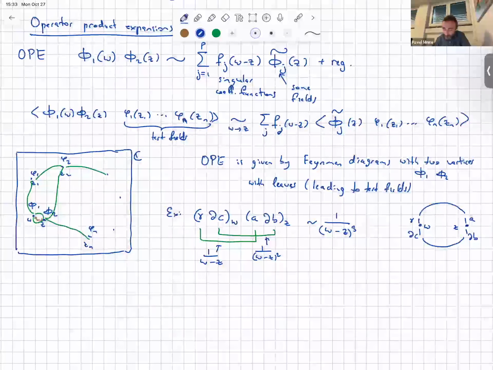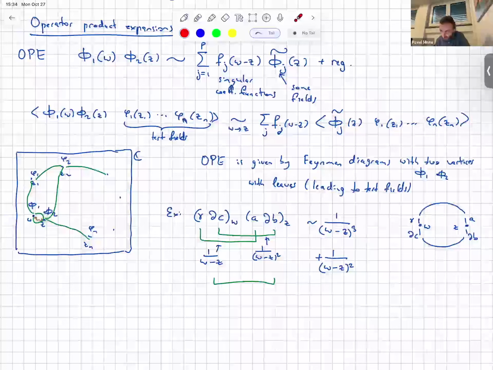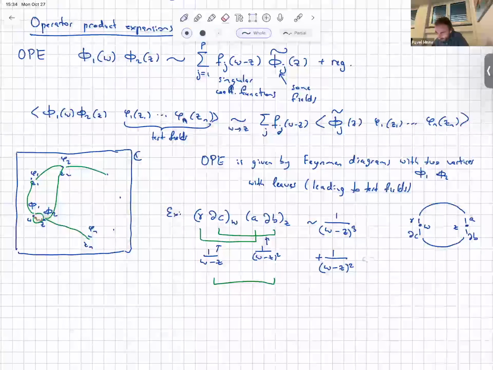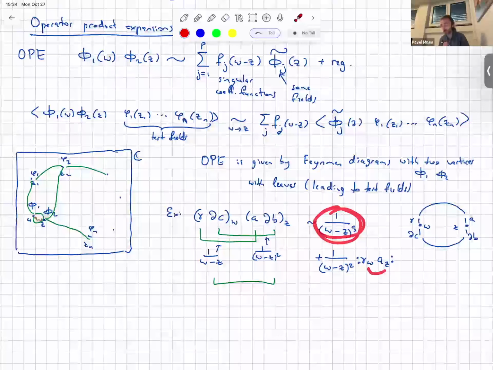Now, another term is when I contract del C with del B, and I don't contract gamma and A. Then I get 1 over W minus Z squared, and the uncontracted part is gamma at the point W, A at the point Z, normally ordered, because I should prohibit the contraction between the 2 fields in the correlator, since that contraction is already a part of that term.